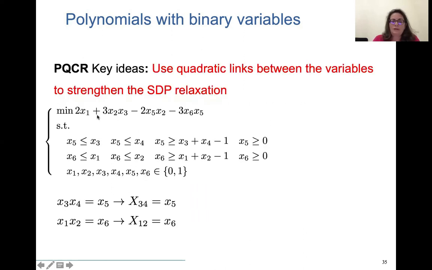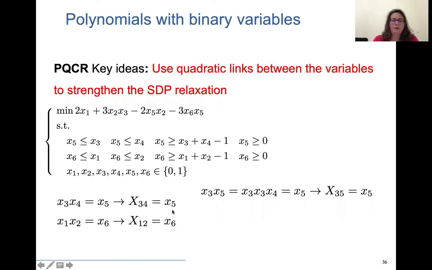So what we do is to use some other relations between the initial variables and the additional ones.